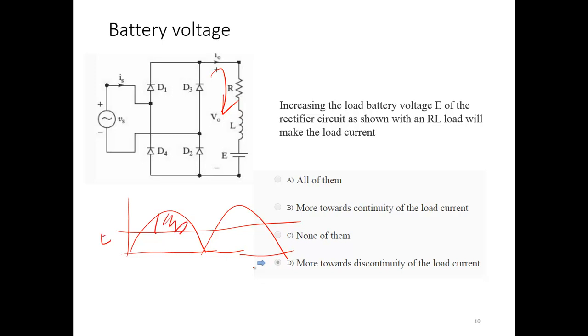The current can flow only during this interval of time, only when the input voltage is greater than the battery. As you can see, if you decrease the battery voltage to 0, you get the maximum and the current will be more continuous. If the battery voltage keeps going up, it moves more and more towards discontinuity.